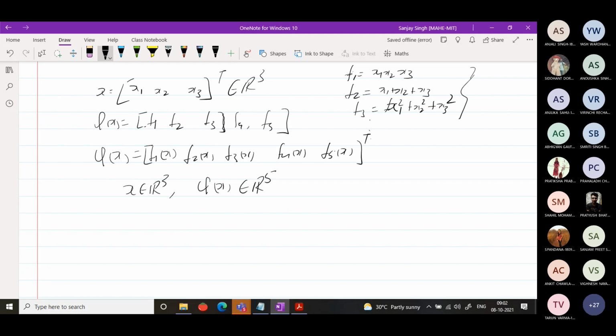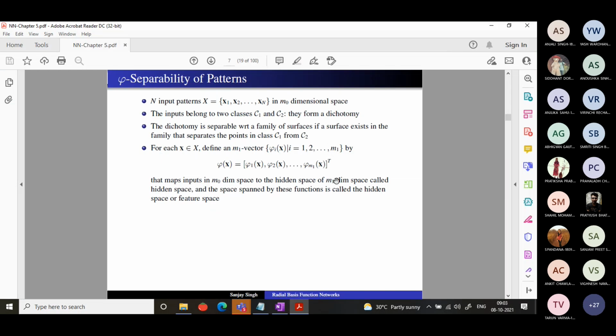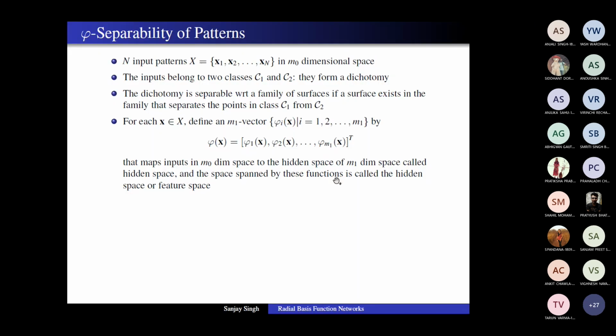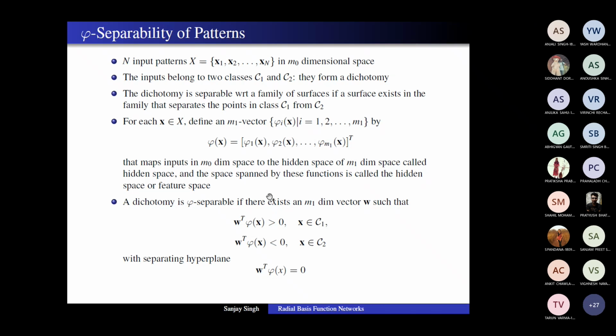This was just a very crude idea of what we mean by that. Once we have this, we go from the M0 dimensional space to an M1 dimensional space, called the hidden space or feature space, the space spanned by these functions.